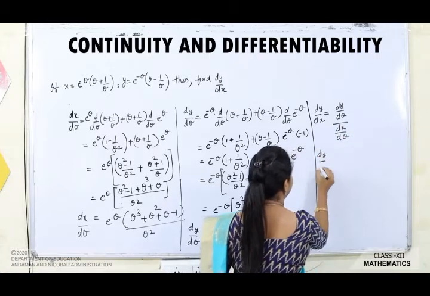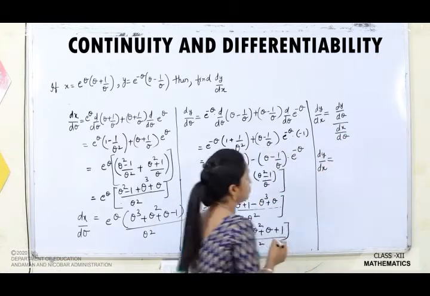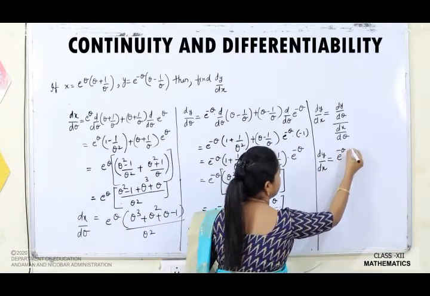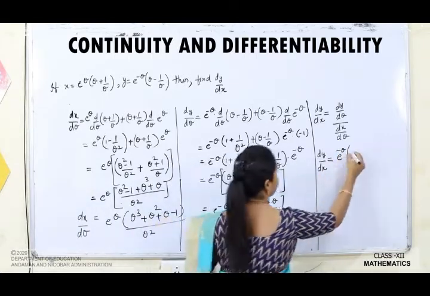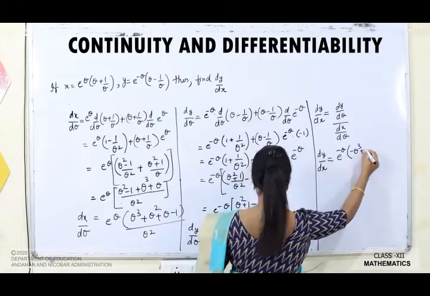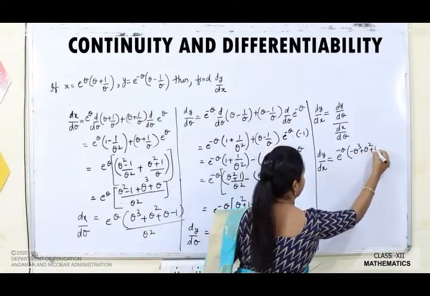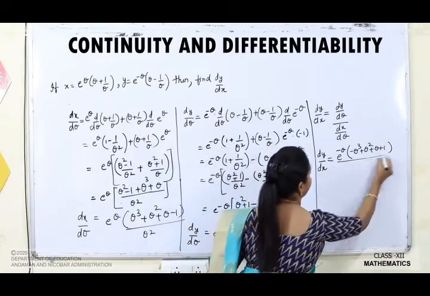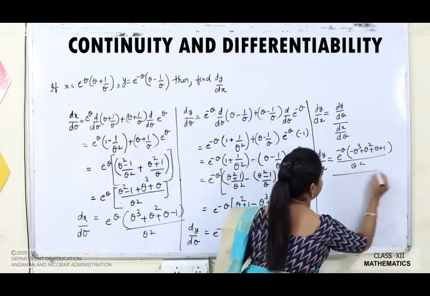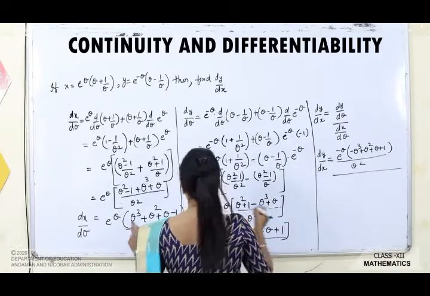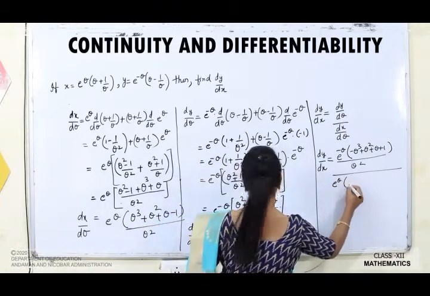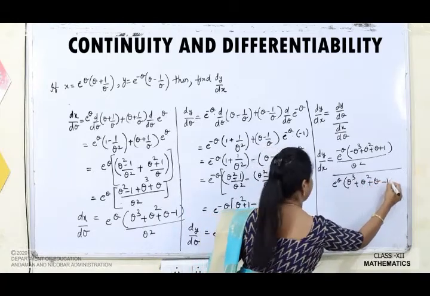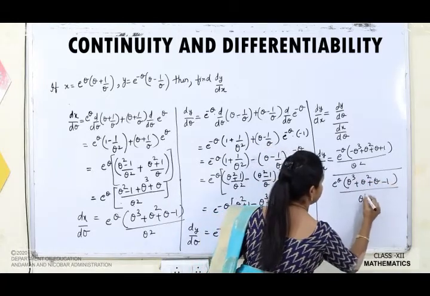So dy by dx is equal to dy by d theta, e power minus theta into minus theta cube plus theta square plus theta plus 1 by theta square, the whole divided by e power theta into theta cube plus theta square plus theta minus 1, the whole divided by theta square.